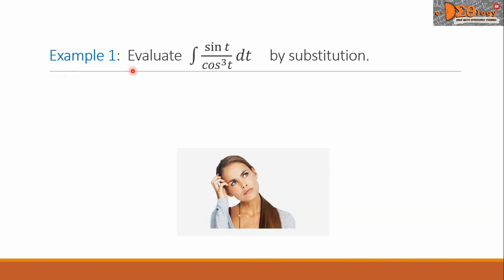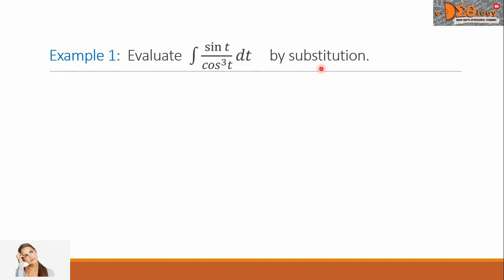Example 1. Evaluate the integral of sine t over cosine cube of t dt by substitution. For our solution, the step 1 is to select the u.